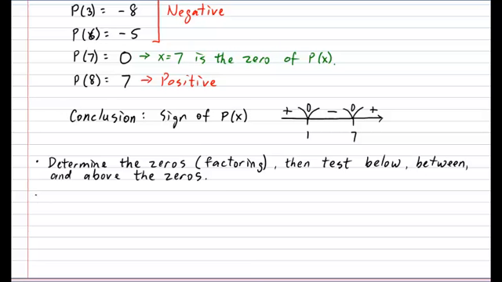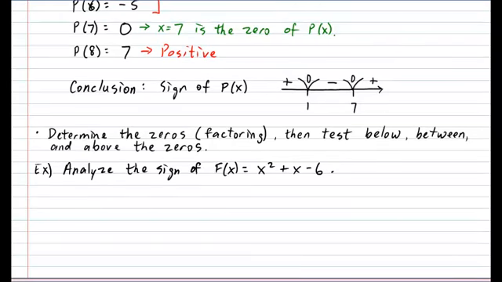Why don't you put example, please? Suppose I ask you this. Analyze the sign of, let's give you another polynomial. How about f of x equal to x squared plus x minus 6.